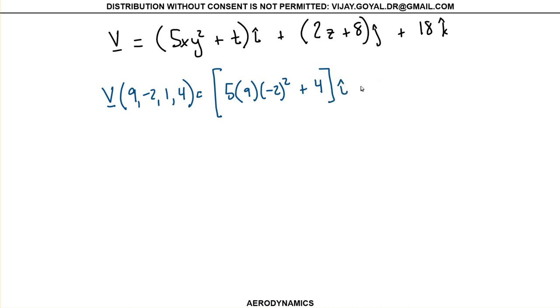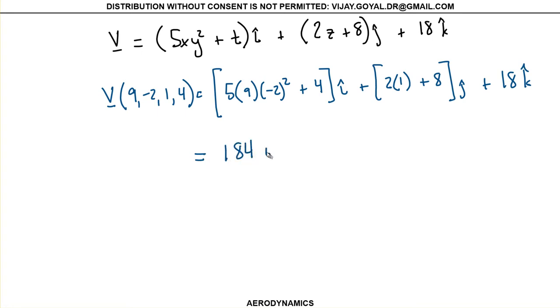This is i, plus 2 times z is 1, plus 8j, plus 18k. So if you do the math, you find that this is equal to 184 i, plus 10 j, plus 18 k meters per second. It's very interesting to point out that this is the dominant term. Vx is dominant.